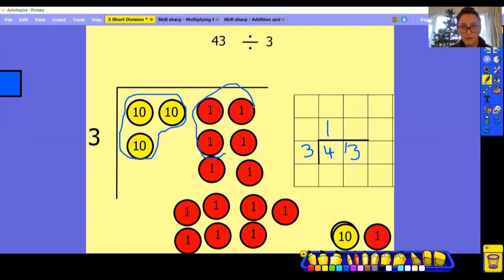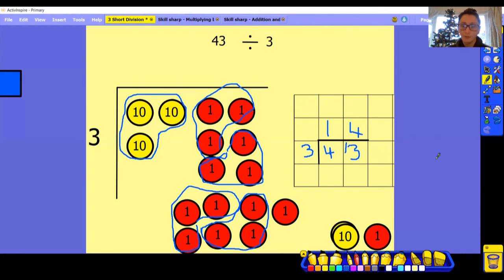So again, groups of 3. So 1, 2, 3, that's one group. 1, 2, 3, that's one group. 1, 2, 3, that's one group. 1, 2, 3, that's one group. However, I've got one left over. So first of all, let's see how many groups we have in our ones column. So it's 1, 2, 3, 4.